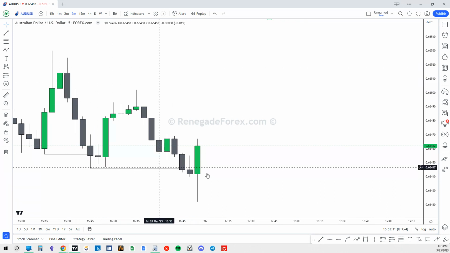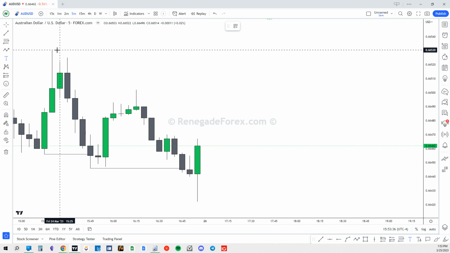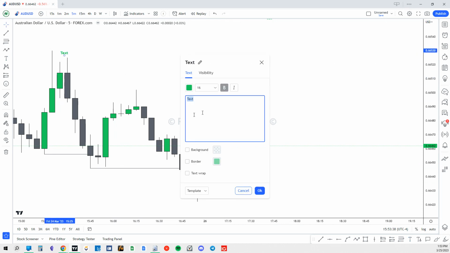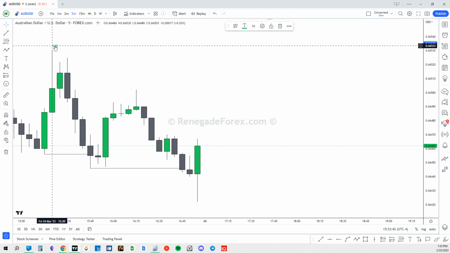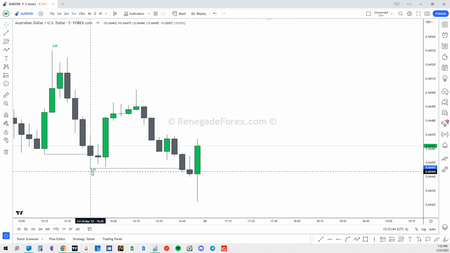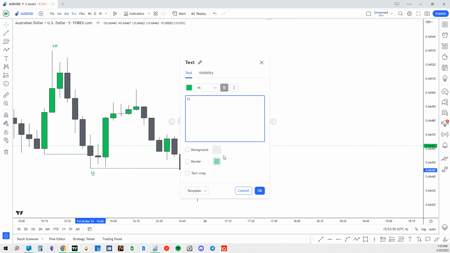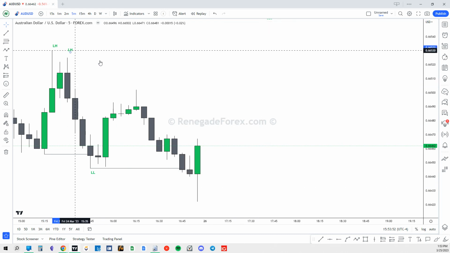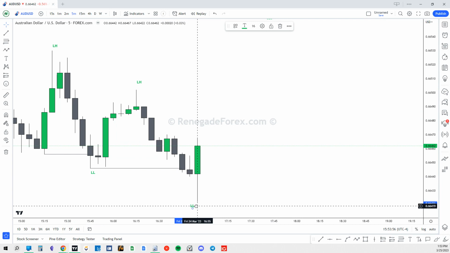And we can see that here price has a lower high at this point, and then we get the break of structure right here and the retracement back up into that range. And so at this point in time, this would be a lower low. And then we have a lower high again right here. And then we have a lower low again right here forming.